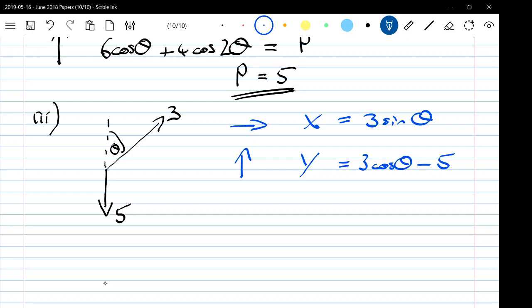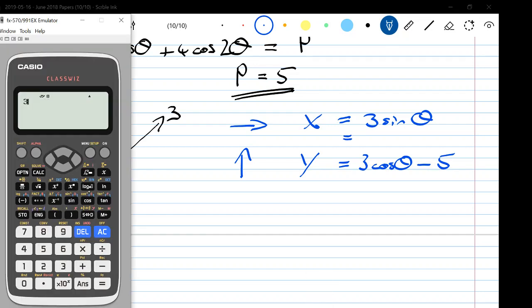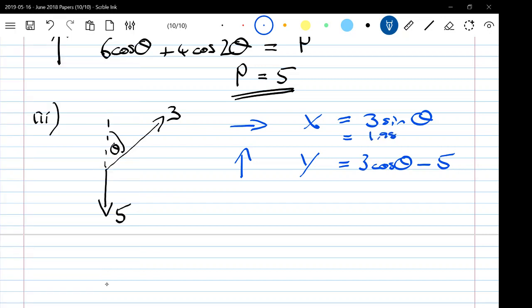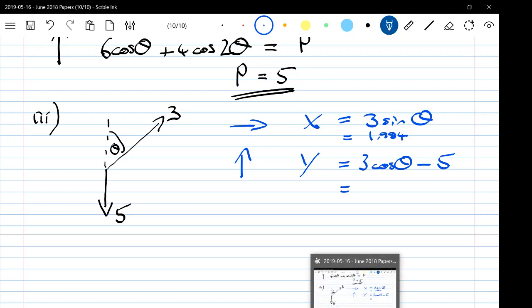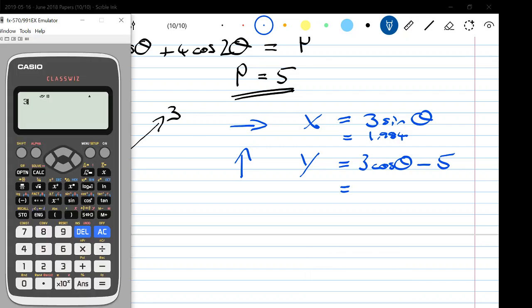So shall I actually work out what these are? 3 sine theta is 1.984, and 3 cos theta take away 5 is minus 11 over 4, or minus 2.75.